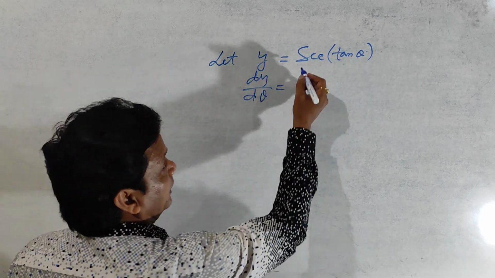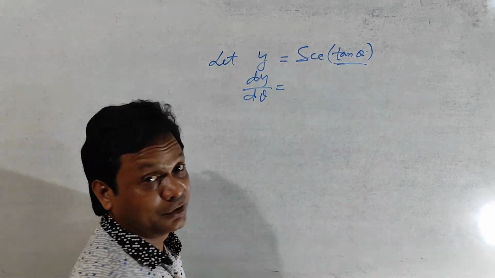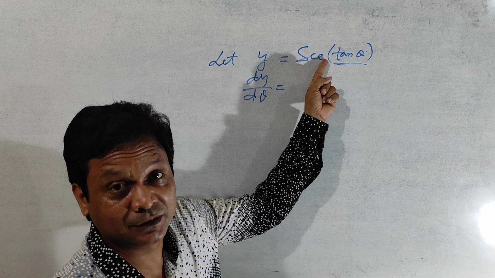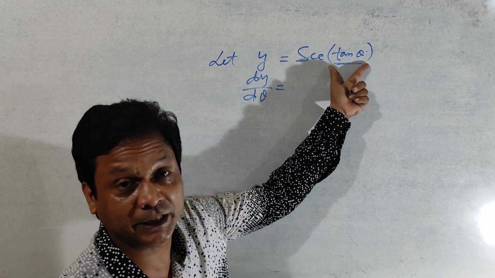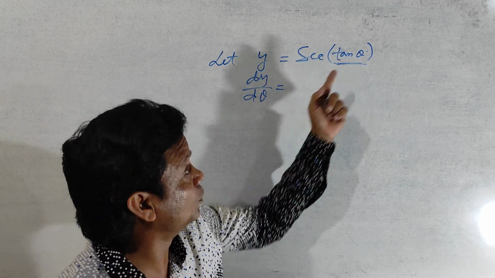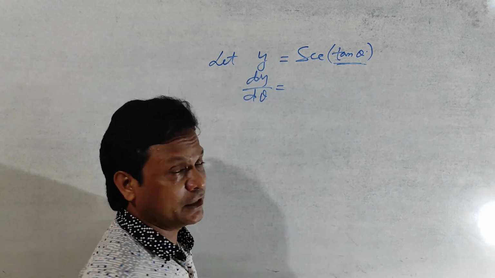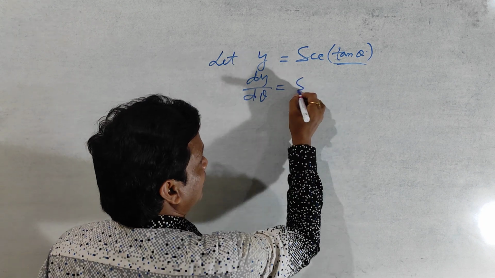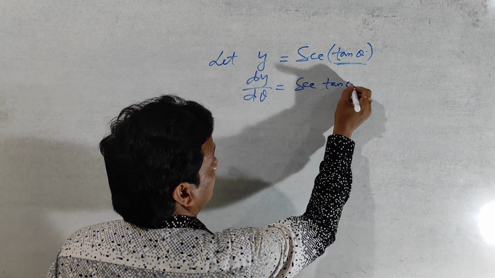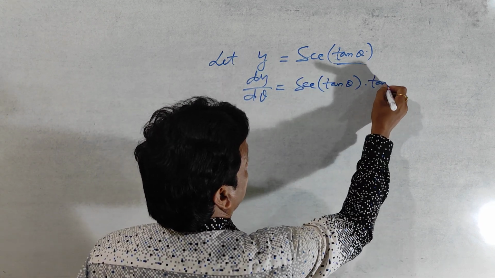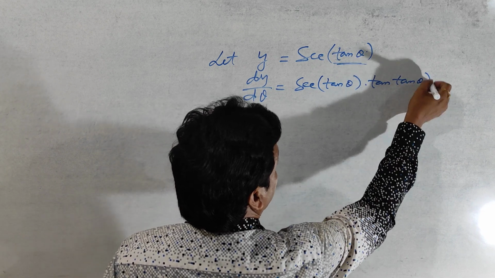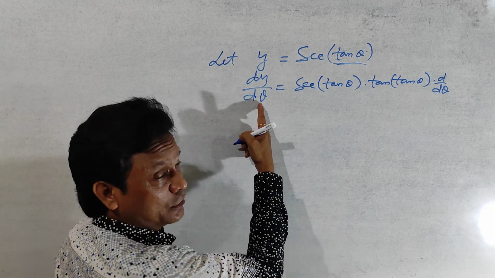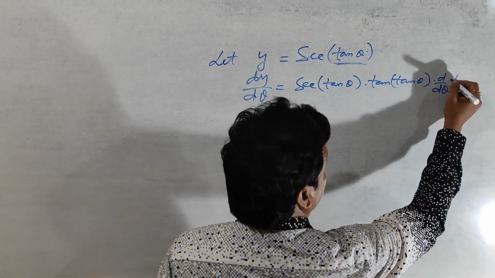Clear? So it is in the formula sec u. Don't apply uv. There is no angle here. In the angle it is written there, tan theta. So sec u. What is the formula for sec u? Sec u into tan u into du by dx. So sec of tan theta into tan of tan theta into derivative with respect to theta of tan theta.